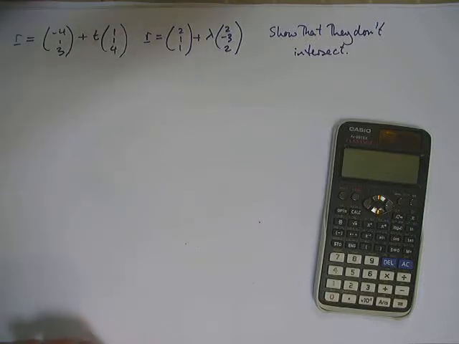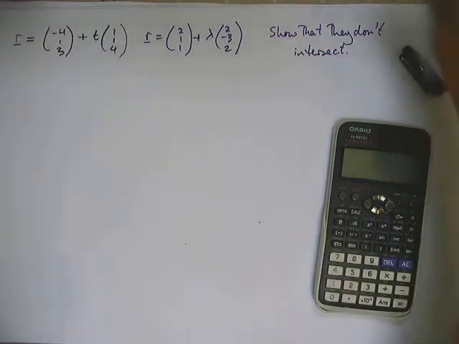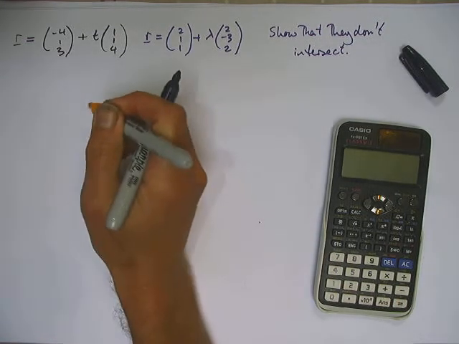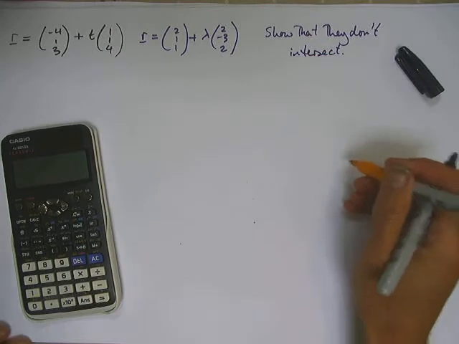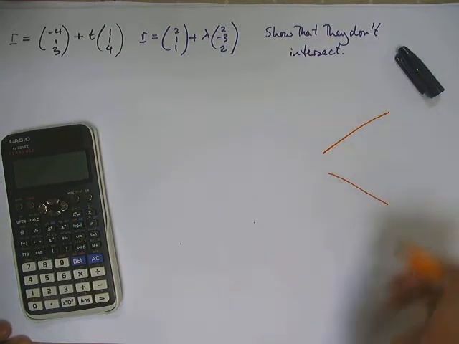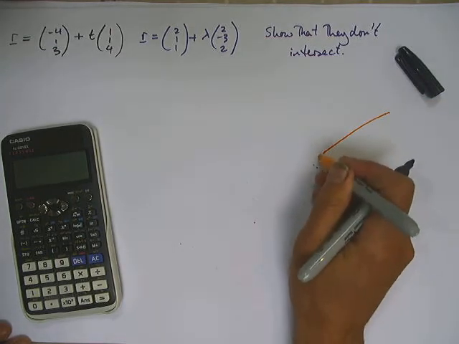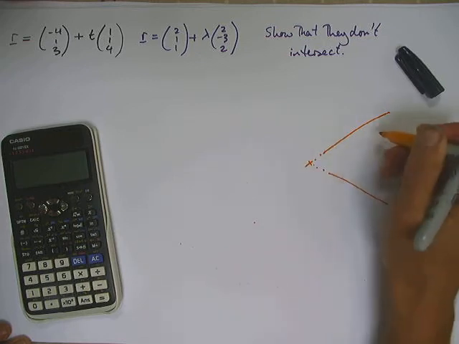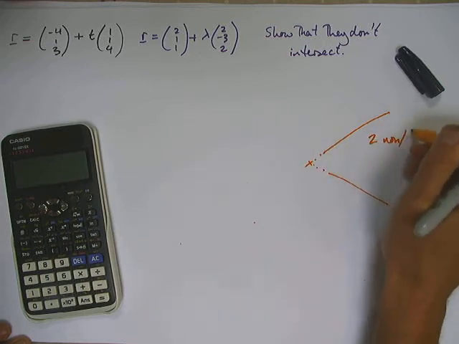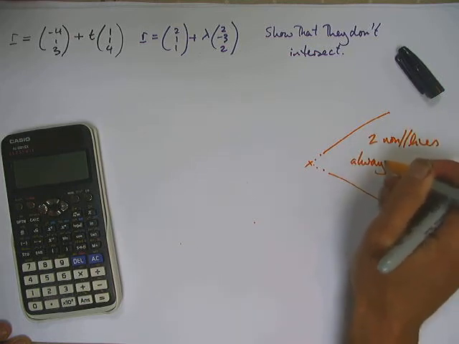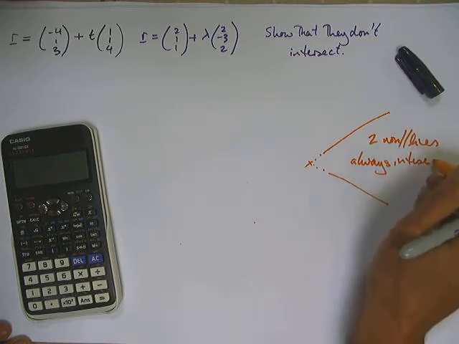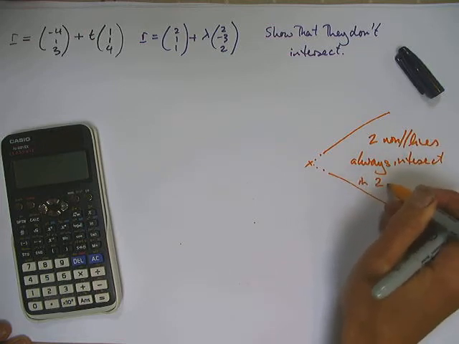In the next example, they're looking for us to show that a pair of lines don't intersect. An important thing to note is, in 2 dimensions, if you've got 2 lines which aren't parallel, they will intersect. 2 non-parallel lines always intersect in 2 dimensions.